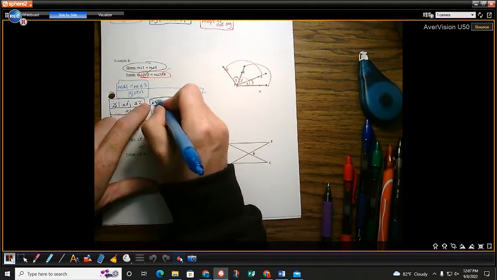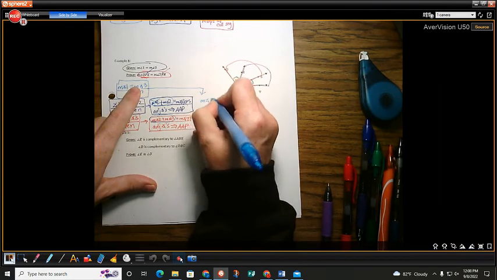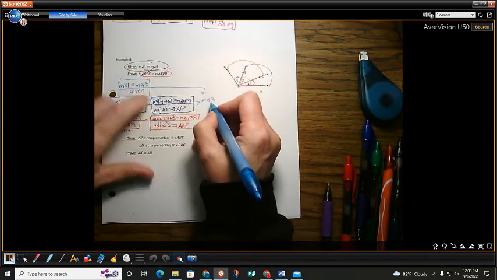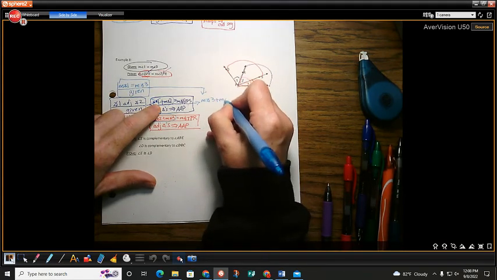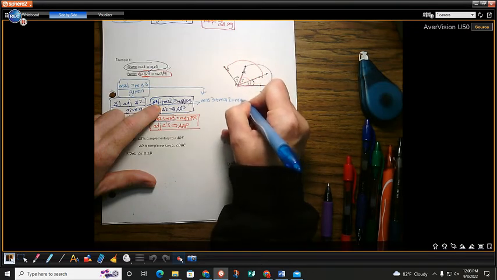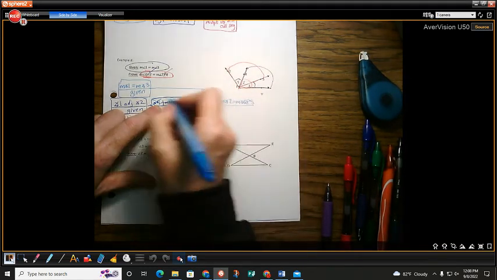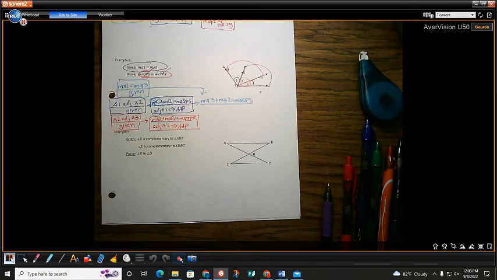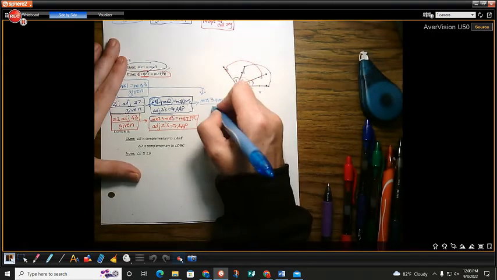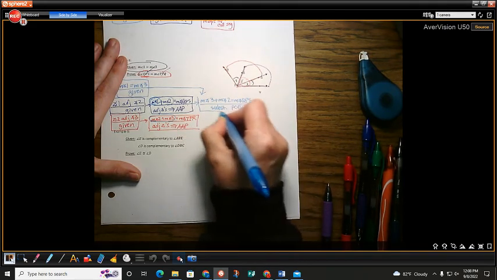So could I replace the angle 1 with something else? The 3. I can replace it with the measure of angle 3. So I'm going to bring over angle 3 and drop it where angle 1 was. And then I'm going to keep going. What property let me replace just angle 1? Did I have 2 things equal to the same thing equaling each other? No, substitution. I just replaced one thing, so this is substitution. And it's a property of equality, you're correct.